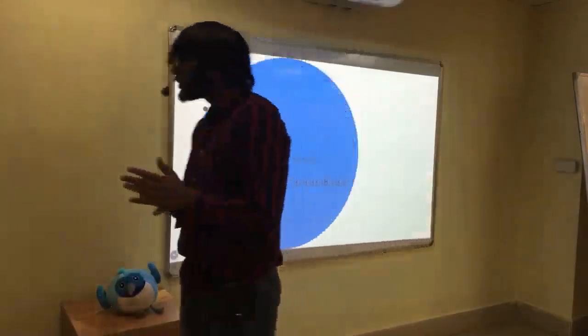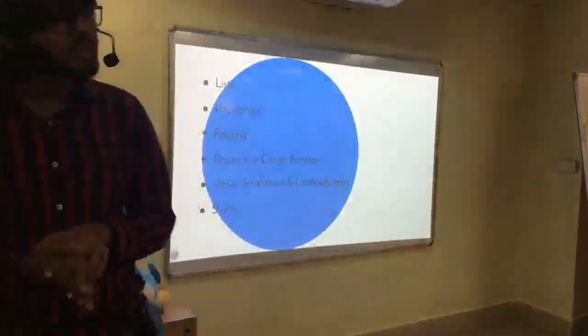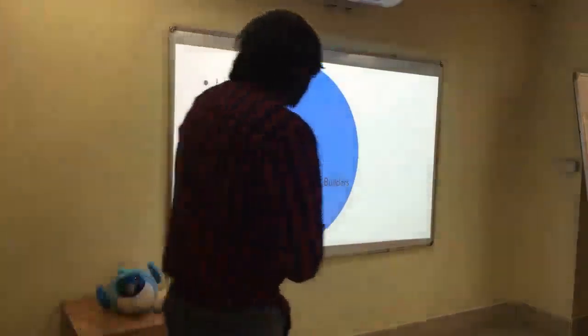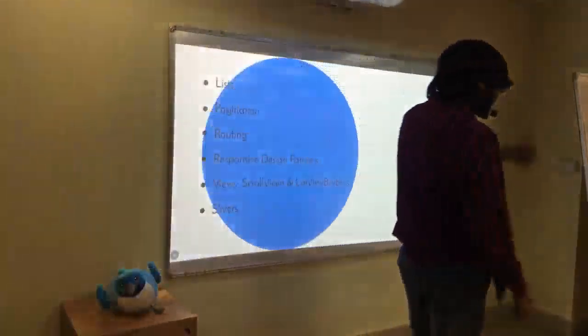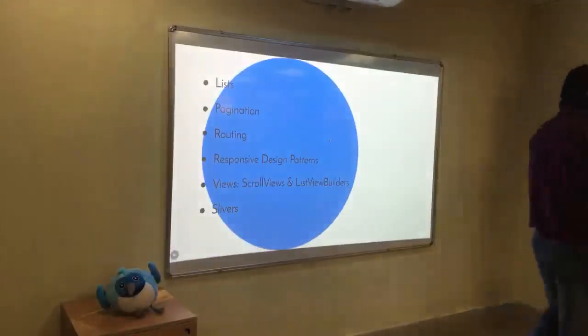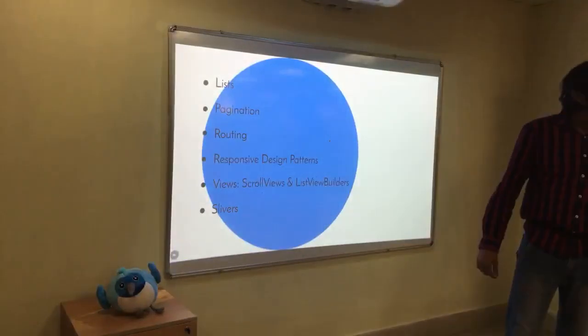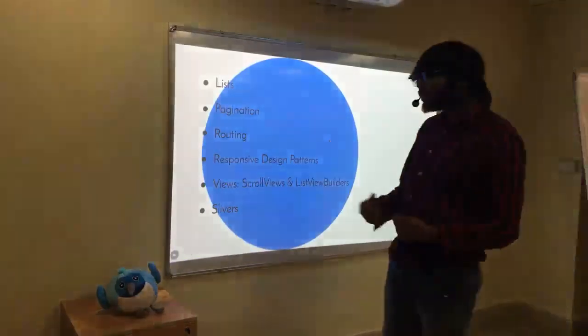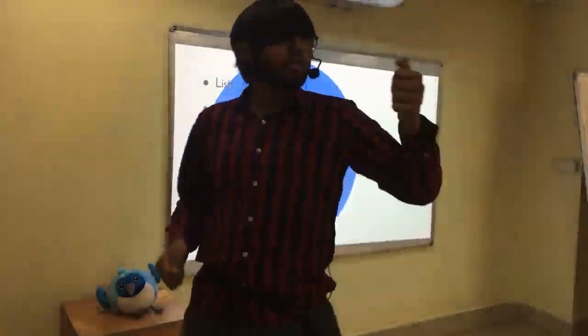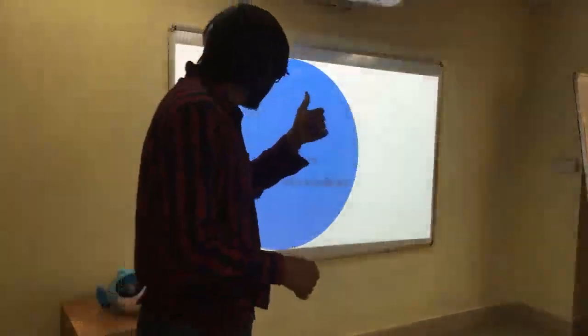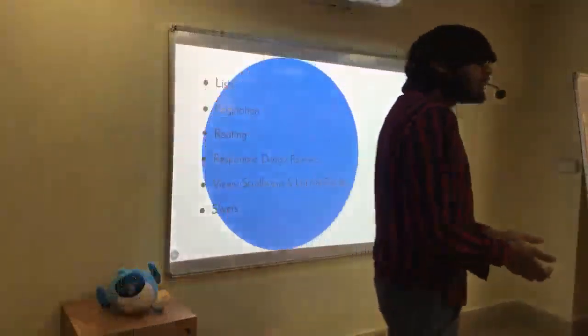You have views, you have scroll views, you have list builders. List builders, like you can pass it a list, and it will build your widgets in a manner of basics. Scroll views, you want a bouncing scroll view like your iPhone app.